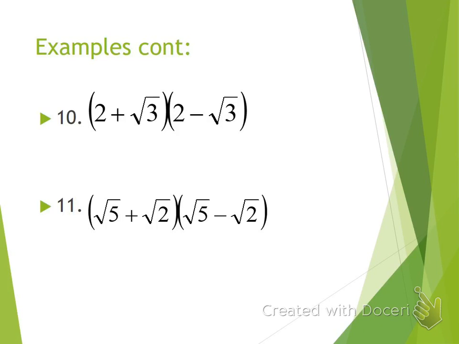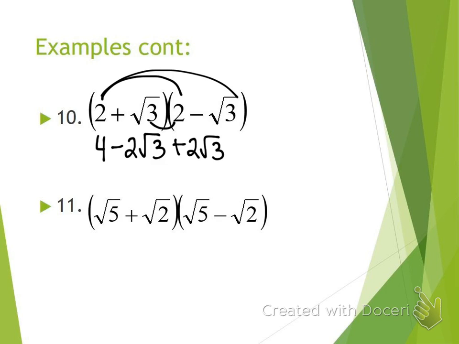All right, let's start going through number 10. When we double distribute, 2 times 2 is 4. 2 times negative root 3 is negative 2 root 3. Root 3 times 2 is a positive 2 root 3.